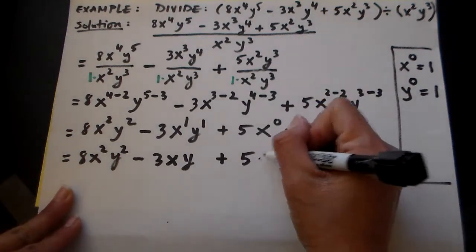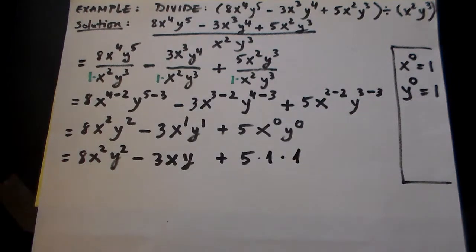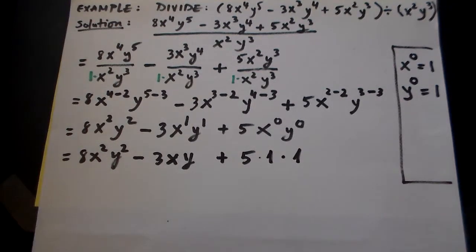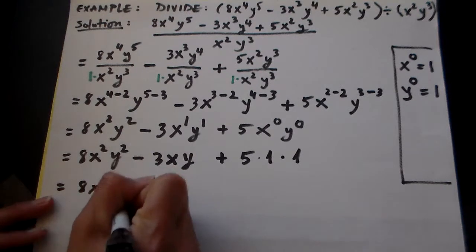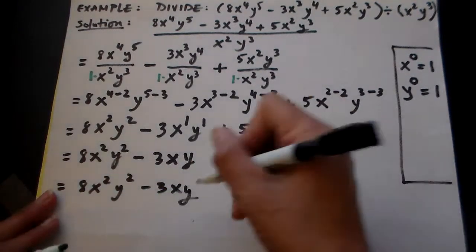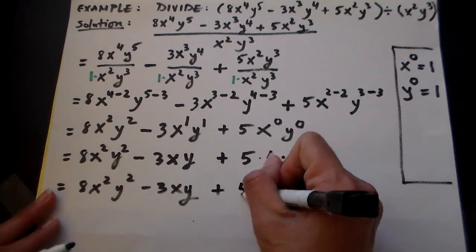So x to the 0 is 1 times y to the 0 is 1. Okay? Now let's simplify anything else. We know that 5 times 1 times 1 is 5, so let's simplify that too. Rewriting the first 2 terms, plus 5 times 1 times 1 is 5.